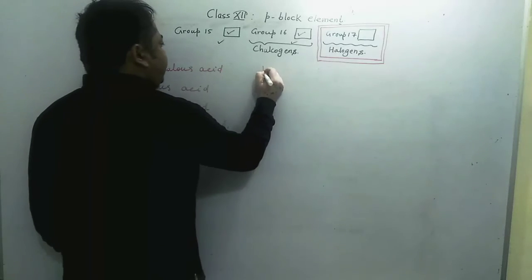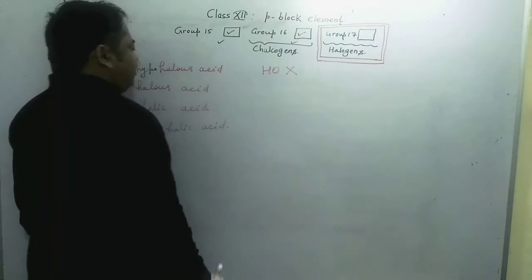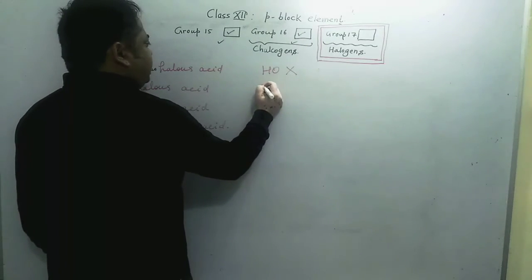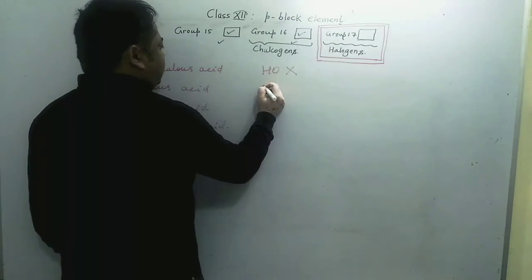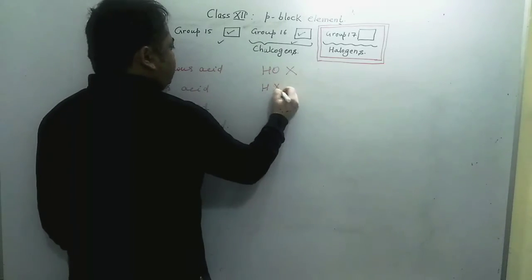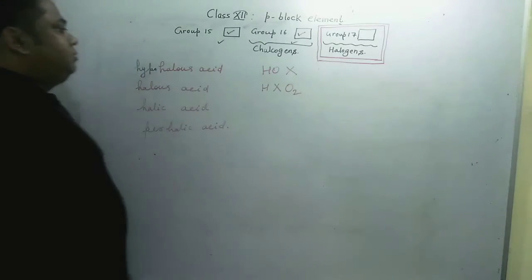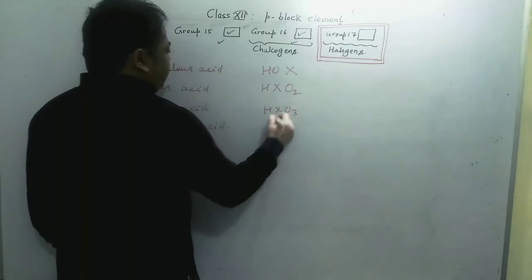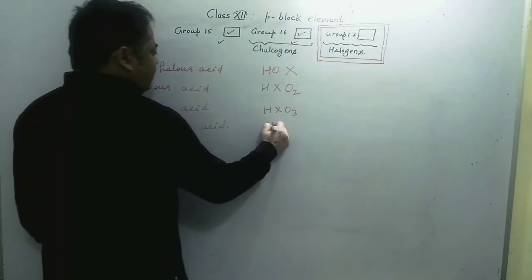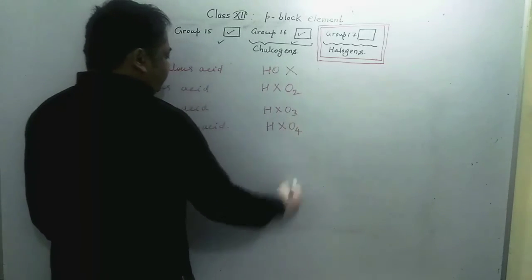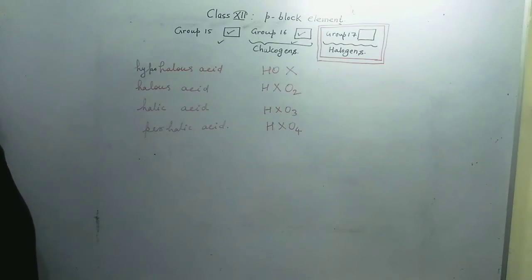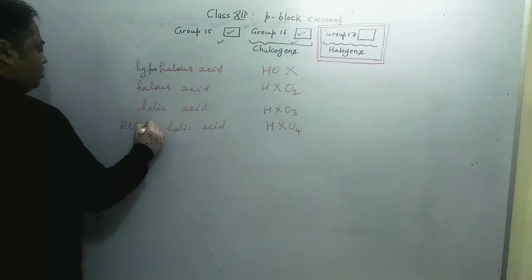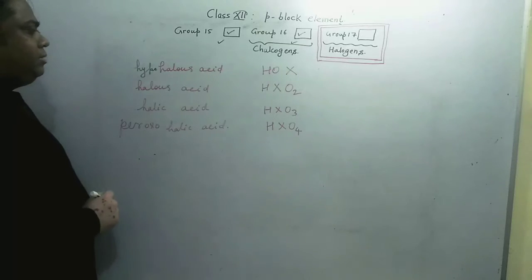Say if it is HOX, then it will be hypohalous. If it is HXO2, then it will be halous. If it is HXO3, then it is halic, and if it is HXO4, then it is perhalic acid.